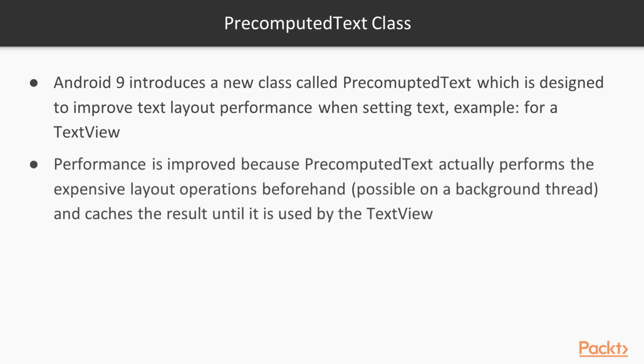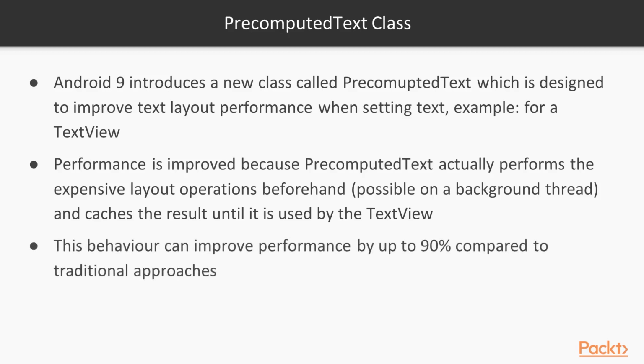And the actual performance improvement is done by performing the expensive layout operations, which are required when text is set for a text view, beforehand. And the result is then cached and used later on by the text view.